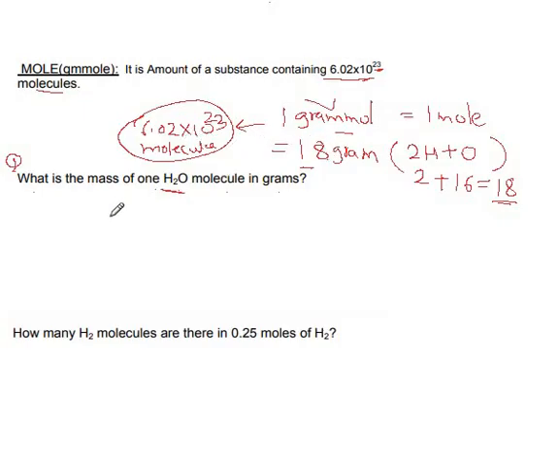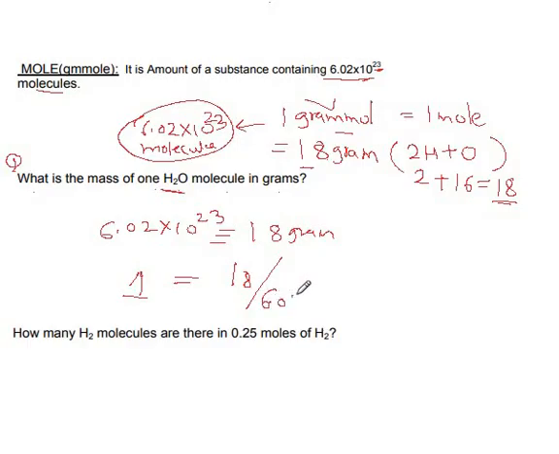So where 1 molecule will be how much mass? See here, 6.02 into 10 raised to 23 molecules. When this much molecules come together, the corresponding mass is 18 gram. Then what will be the mass of 1 molecule? The mass of 1 molecule will be 18 divided by 6.02 into 10 raised to 23.